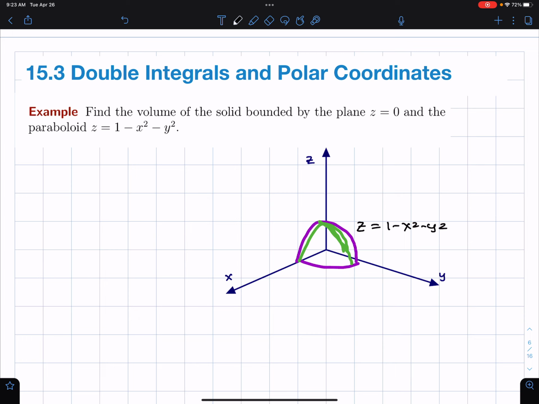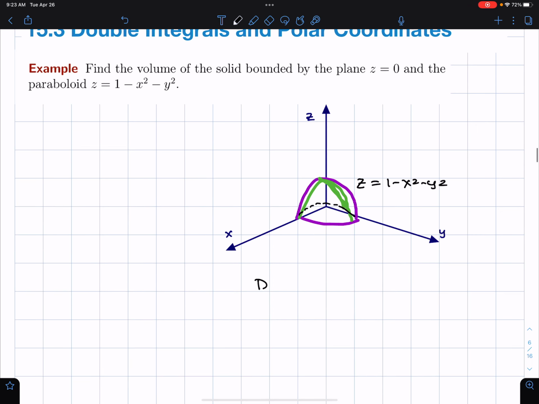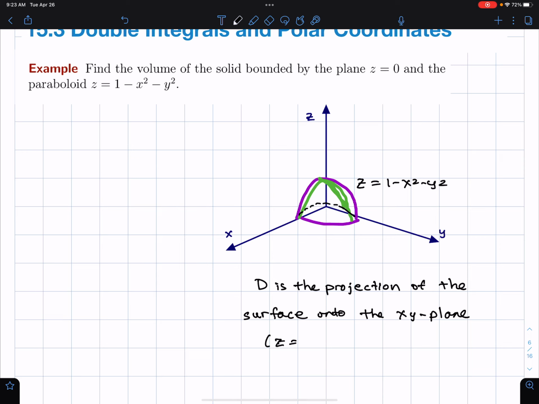And so, all right. Here's the thing: D is the projection of the surface onto the xy plane, which is the same thing as z equals 0.